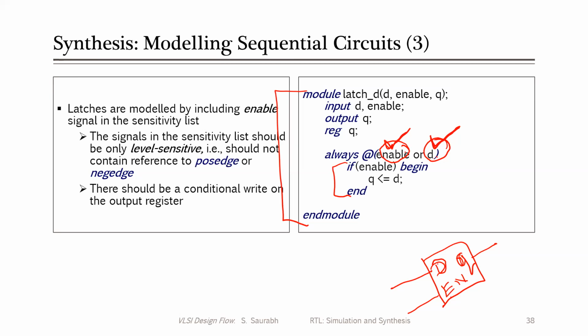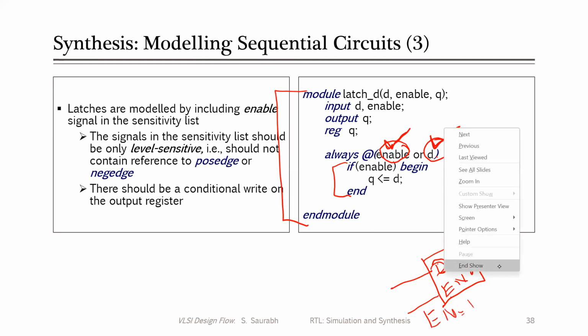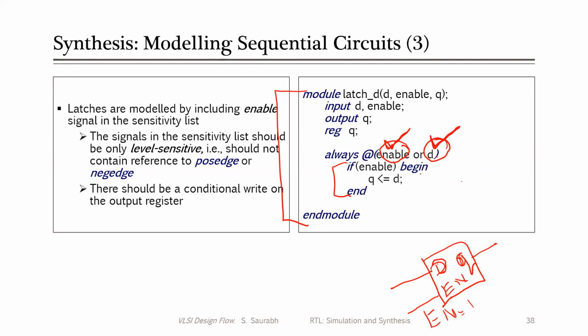So we want this D because whenever enable is 1, suppose enable is 1, then whatever the change happens to D, that must be captured at the Q, right? So suppose you have an enable signal like this. This is your enable signal, right?